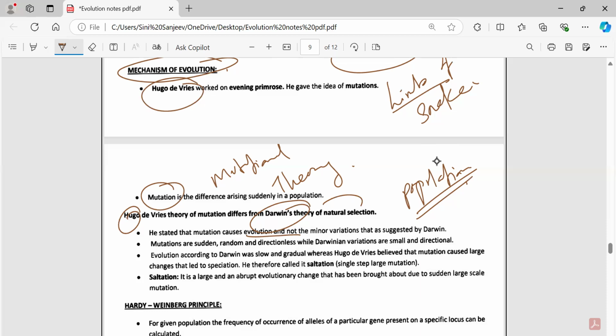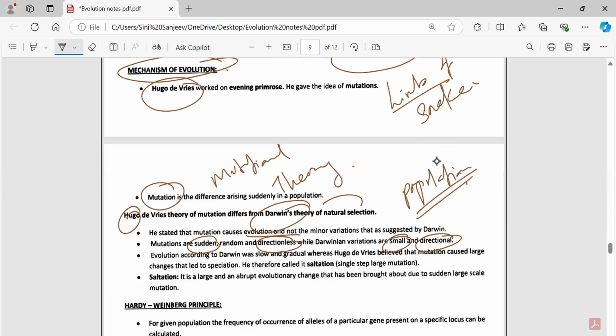Secondly, the direction, whether the change takes place at a rapid rate or slows down. In the Darwinian theory it will be very slow and directional, so small and directional. Whereas mutations always occur suddenly, so sudden as well as directionless changes may take place here.